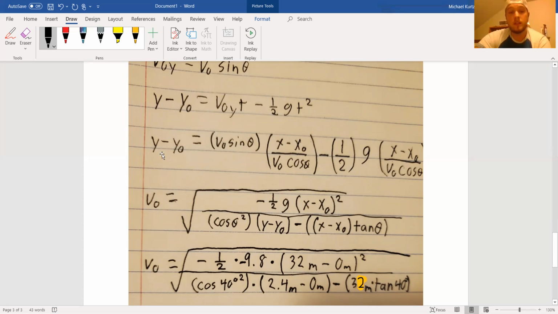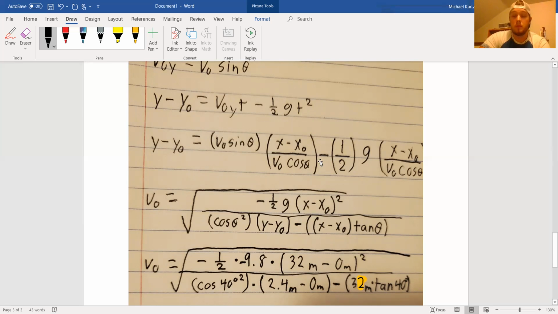So we start with the final distance in the y direction minus the initial distance in the y direction equals the initial velocity times the sine of our given angle, which we got from up here, times our final distance in the x direction minus our initial distance in the x direction divided by our initial velocity times the cosine of our given angle.